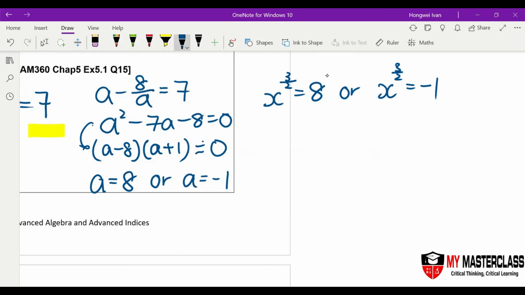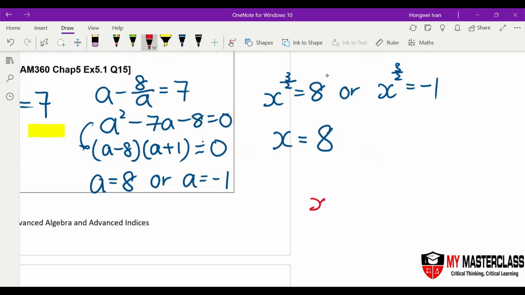If x to the power of 3 over 2 is equal to 8, then x is equal to 8 to the power of what? I like it that you all are thinking. How to remove the 3 over 2? I need to power both sides.